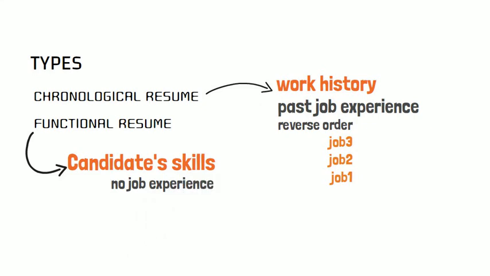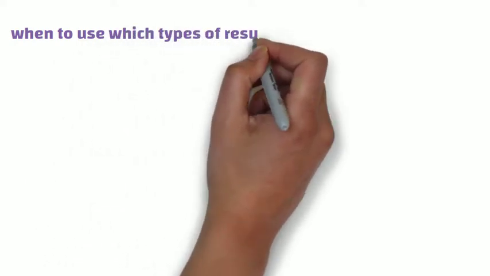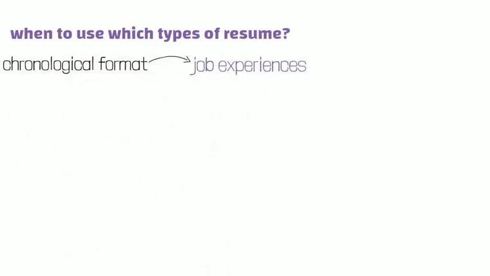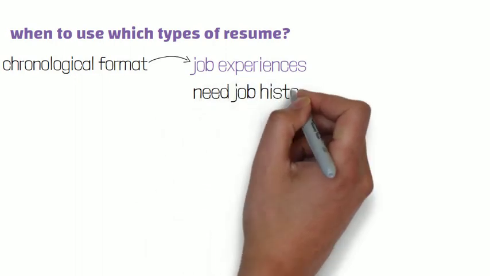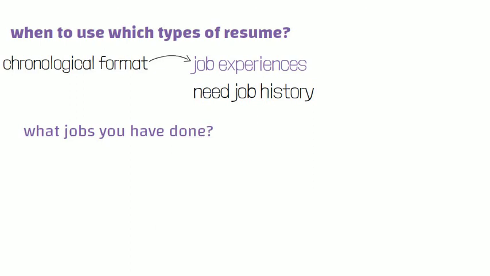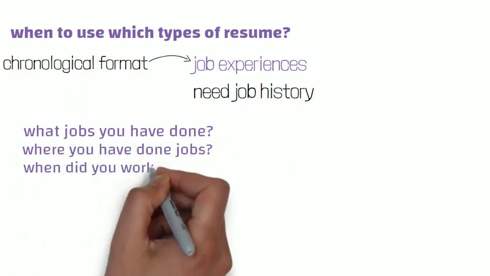From the introduction of both of them, maybe you have got the idea of when to use which type of resume, and if you didn't get it, I'm explaining it to you. The chronological format begins with your job history. You must have a job history for this type of resume. You will need to tell what jobs you have done, where you have done those jobs, and when you worked there.